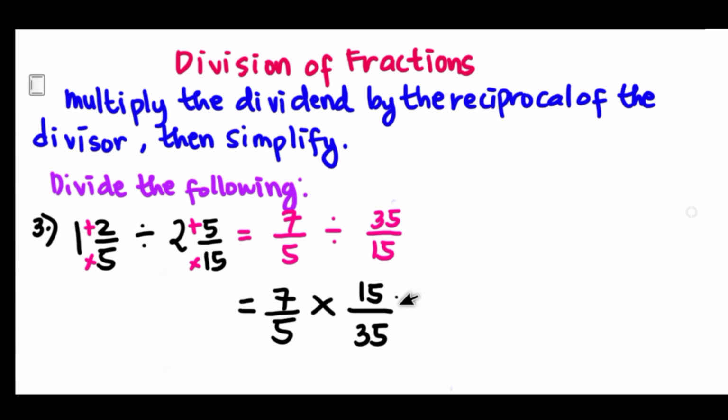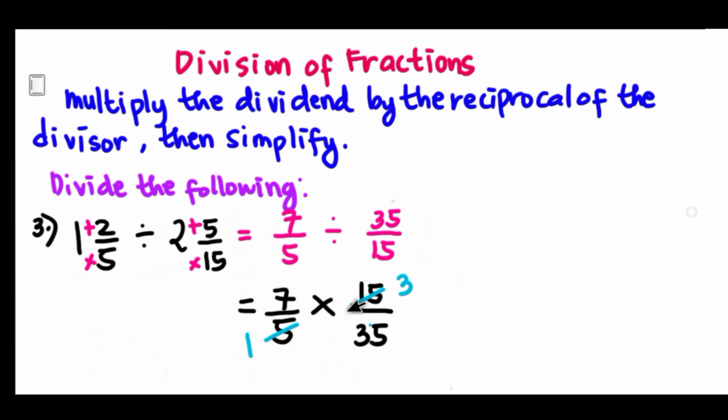So, let's check first, bago tayo mag-multiply, kung meron bang pwedeng ma-cancel. So, 5 and 15, ano bang pwede pong i-divide sa kanila maliban sa 1? Pwede po yung 5, tama. So, 5 divided by 5 is 1. 15 divided by 5 is 3.